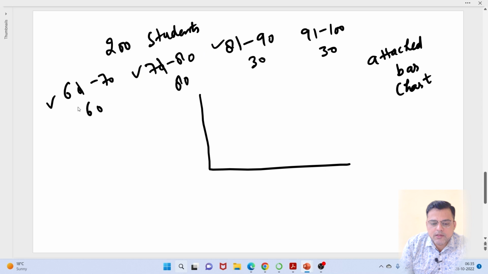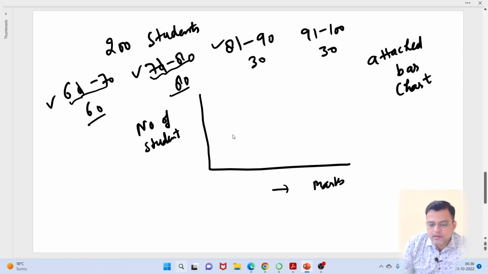Frequency distribution means that between 60 to 70 there are 60 numbers, between 71 to 80 there are 80 numbers. So my y axis will be number of students, and my x axis will be marks.